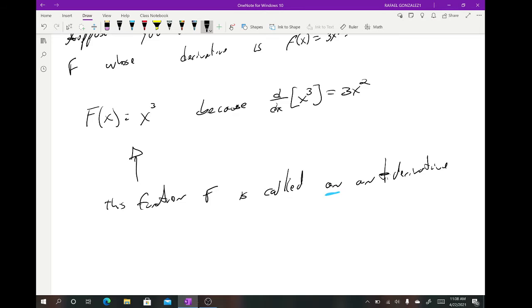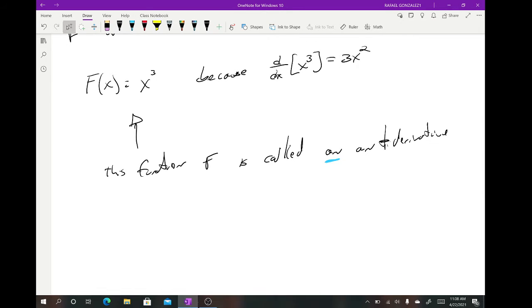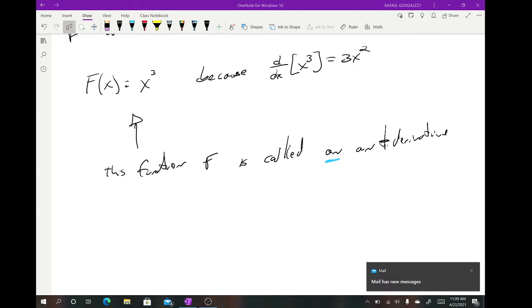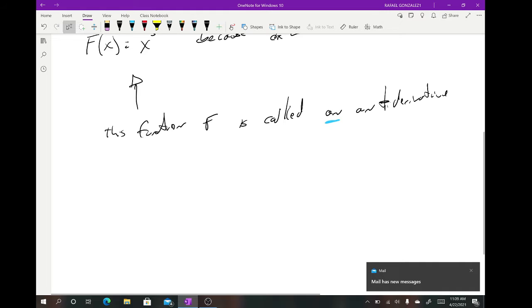The reason for this, as we will see after I write this definition, is that these antiderivatives are not unique. So let me write down this definition.